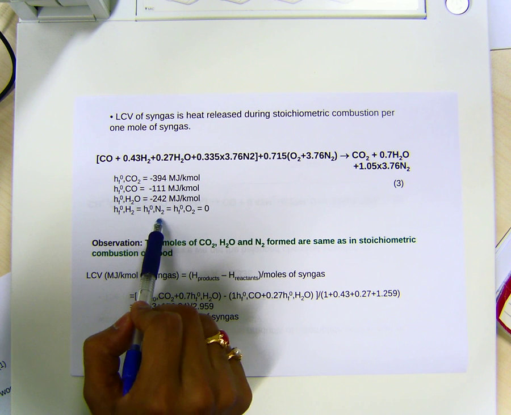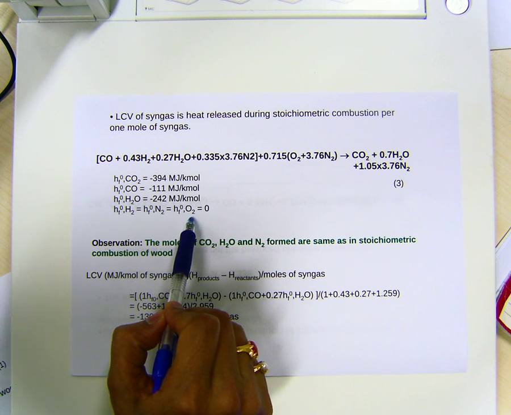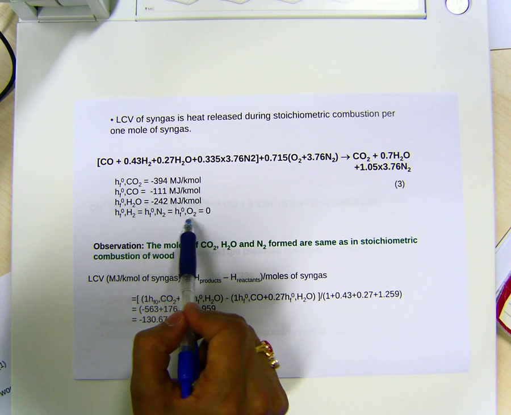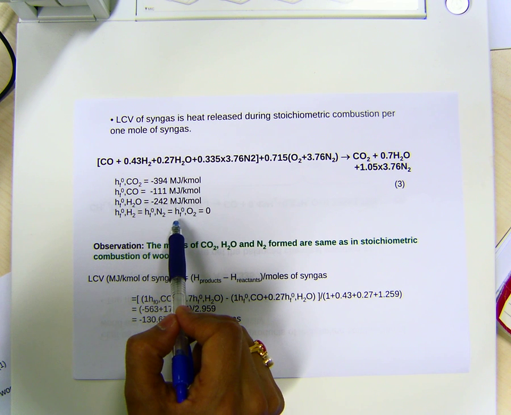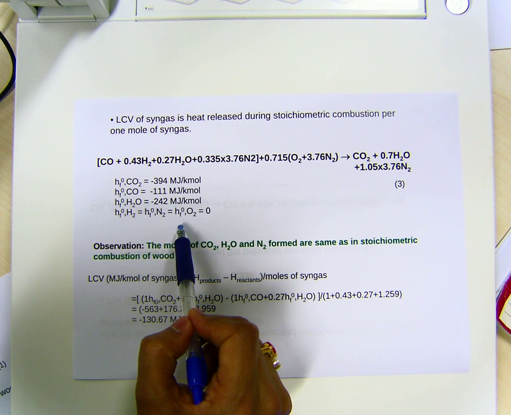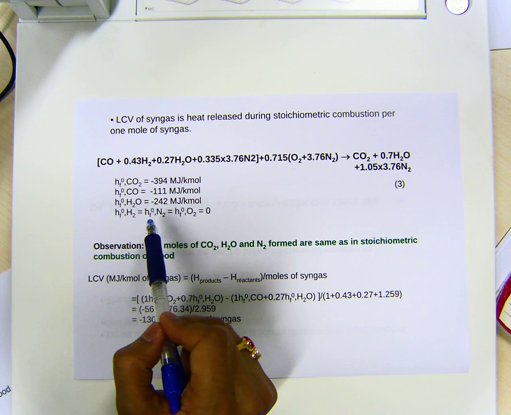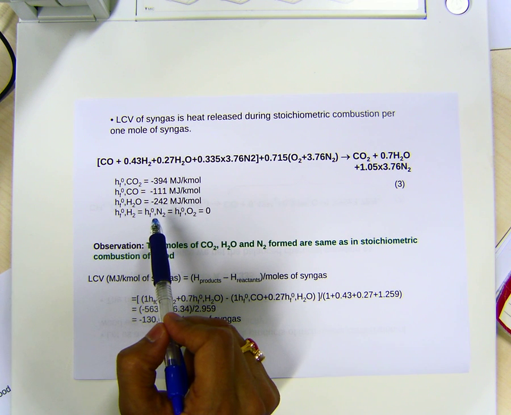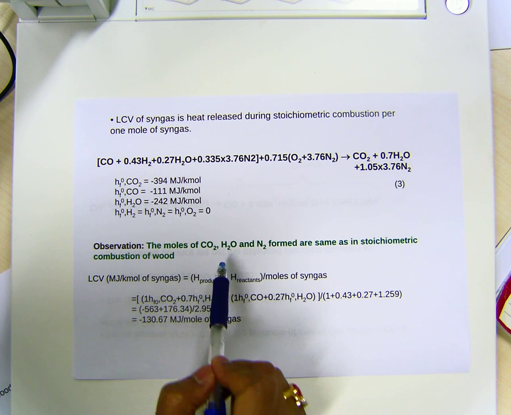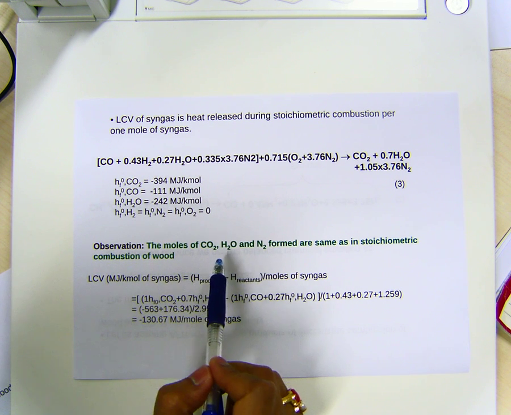For hydrogen, nitrogen, or oxygen, which are naturally existing molecules, at 298 Kelvin the heat of formation is taken as 0. This is an important step, and you need to remember, even in tutorials or in the exam, if heat of formations of oxygen, nitrogen, and hydrogen are not given, you can take them as zeros.